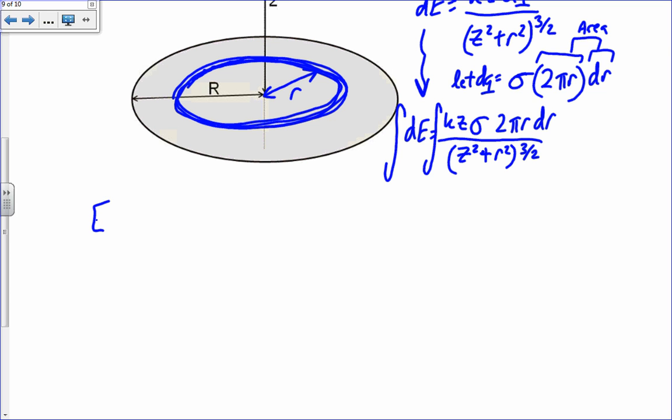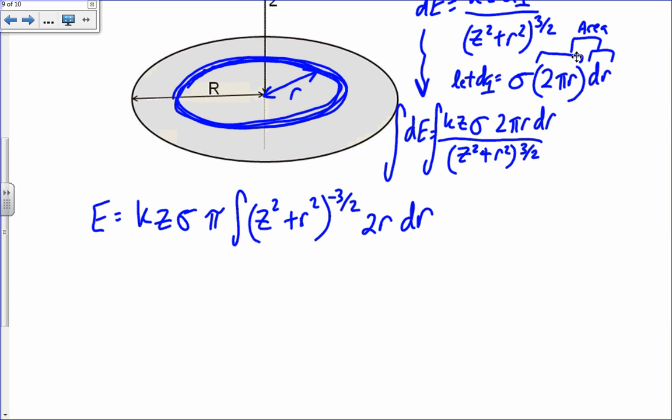So my electric field, that's the integral of dE, is going to be kz sigma pi times the integral of z squared plus r squared to the negative 3 halves times 2r dr.